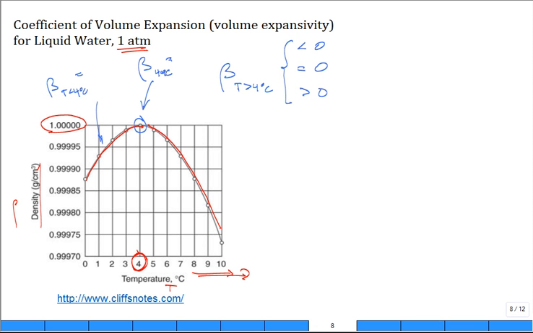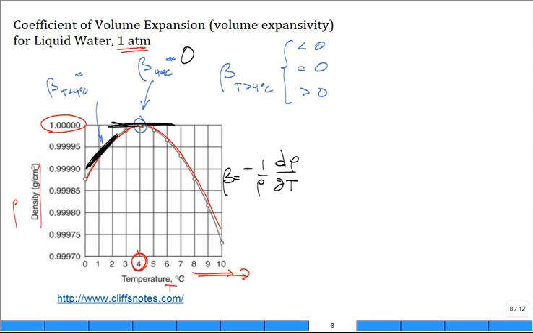Okay. So first of all, at 4 degrees the slope is 0, true? And then here you have a positive slope. So the rate of change of density with respect to temperature is positive in this region. We put 1 over rho with a minus sign, and doesn't that give us beta?